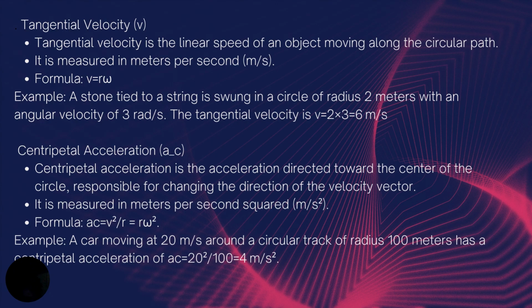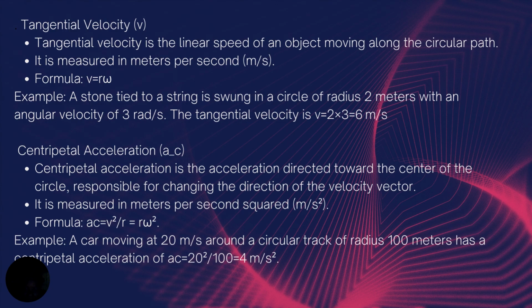So next is the centripetal acceleration. Centripetal acceleration is an acceleration that is always directed towards the center of an object undergoing circular motion. Now, for a uniform circular motion, the speed is constant.